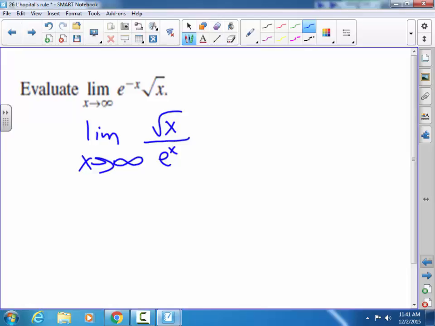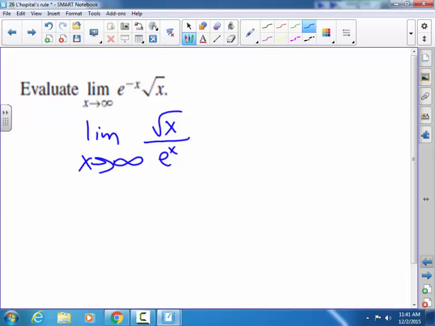We can't really say those two things cancel each other out, because we've discussed before that there are different infinities, right? If you subtract infinity from infinity, you get infinity, okay? So we have to be careful with that.